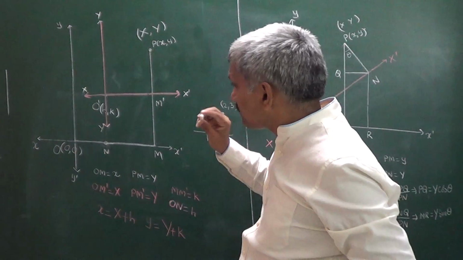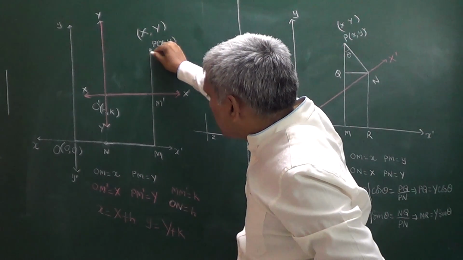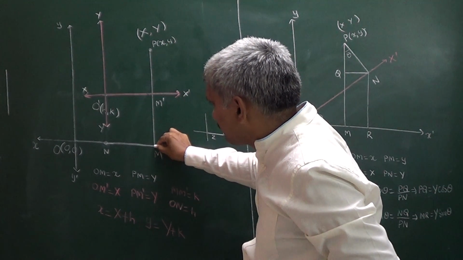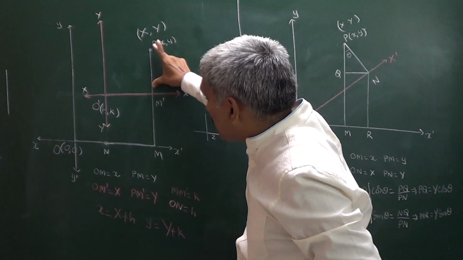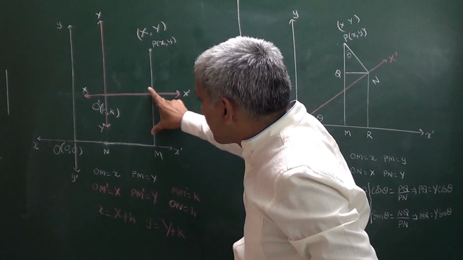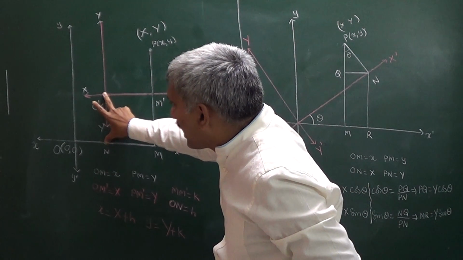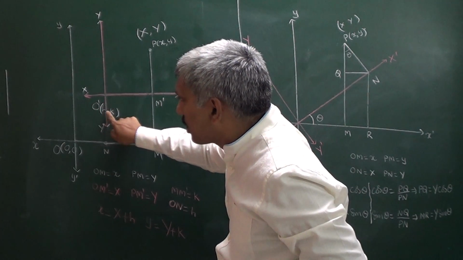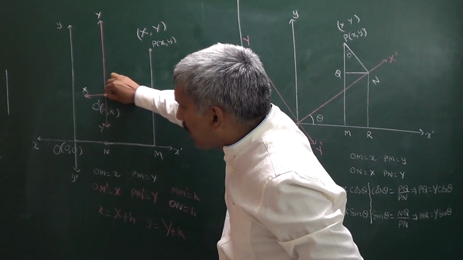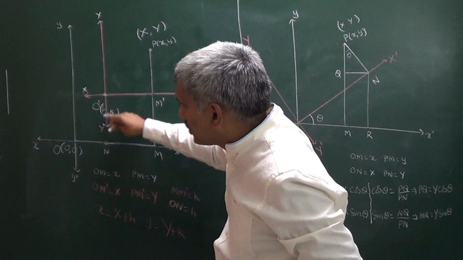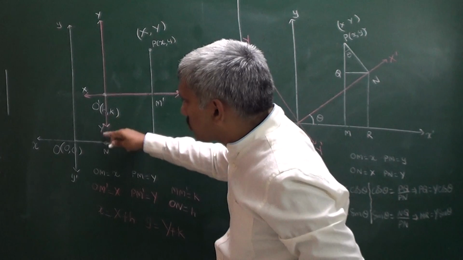Now observe here. This total height is equal to y. That can be written as P M dash plus M dash M. M dash M is nothing but k, because this point is h comma k, which means this height is equal to k.